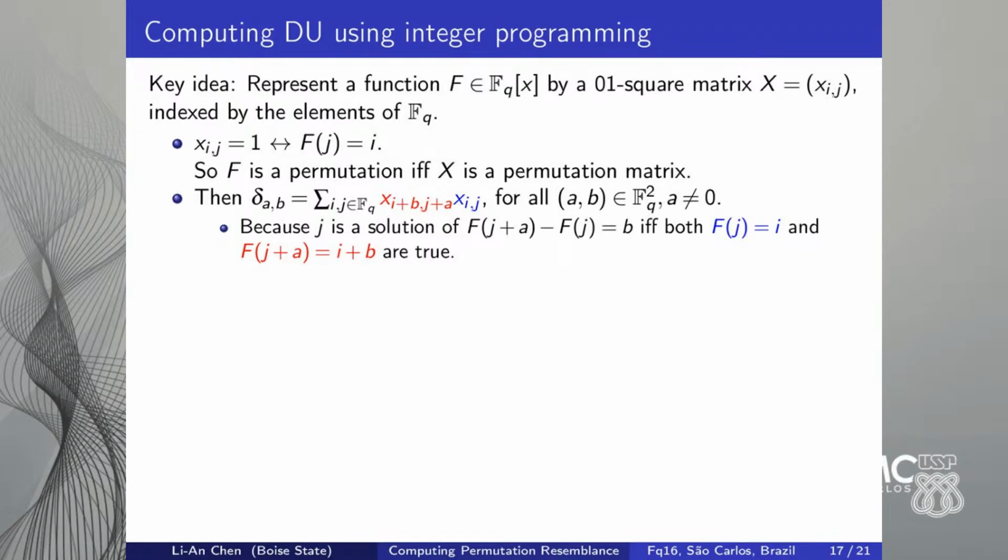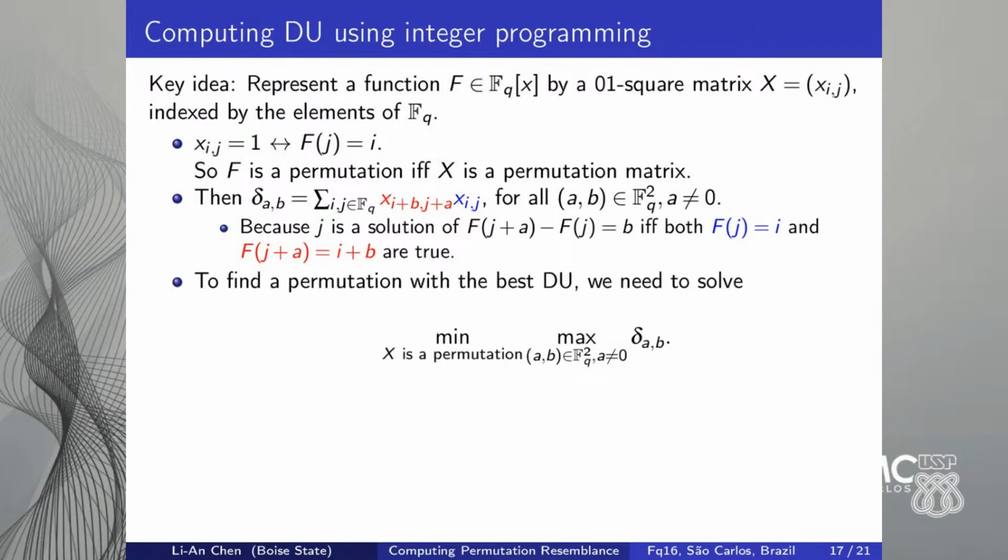So with this notion, we can transfer this problem to an optimization problem. To find a permutation with the best du, we need to minimize over all the permutation matrices the maximum of the expression delta AB.